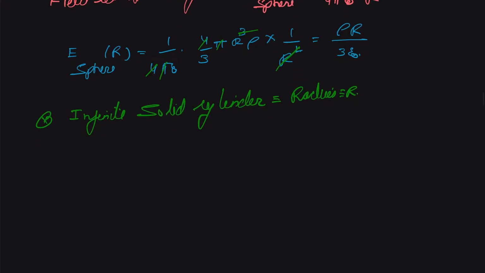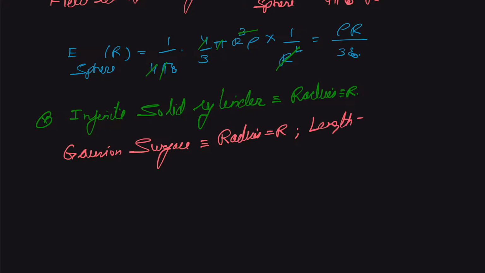And so let us consider a Gaussian surface of radius r and length l. So we consider a Gaussian surface which has the same radius, that is our r, but we have considered its length as our l.